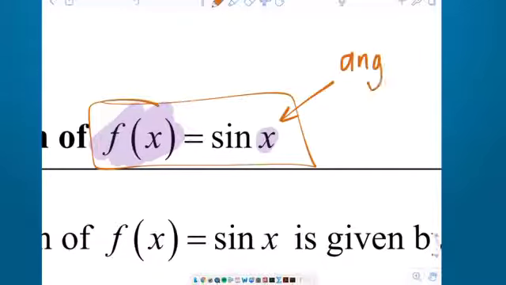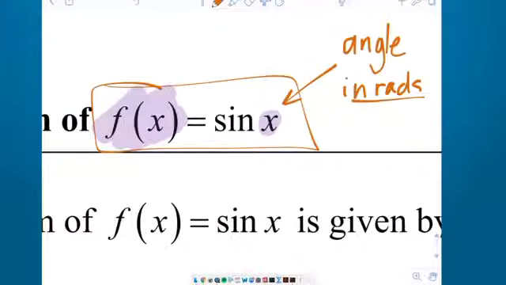An angle. Good. In radians, it's a unitless measure of rotation. So we're going to get away from theta now, and we're going to start using x. But in this context, because it's sine of x, x still represents an angle in radians. And the f of x represents the sine values, the heights of these reference triangles.